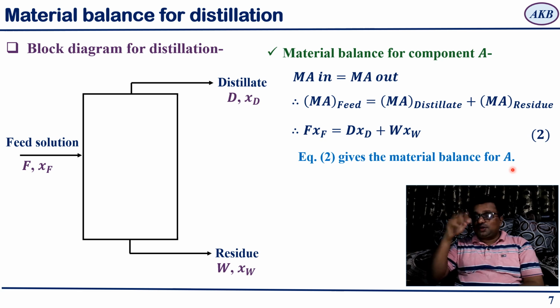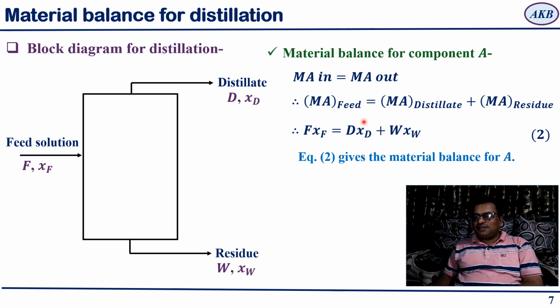Okay. You can also write material balance for component B. So it will be moles of B in is equal to moles of B out, that is moles of B in feed is equal to moles of B in distillate plus moles of B in residue. Since there are only two components, if XF is mole fraction of A, mole fraction of B will be 1 minus XF.